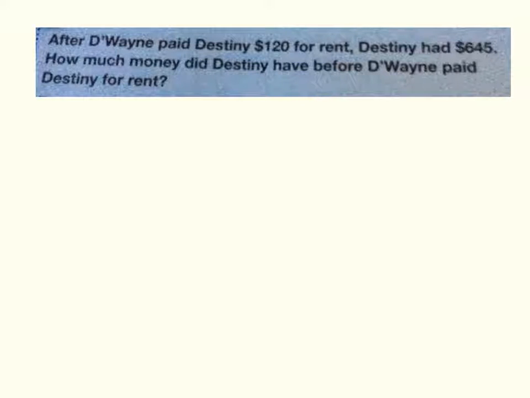We know that he paid Destiny $120. So would that be the sum that she started with? Would that be the sum more that was added? Or would that be the total? Well, hopefully you were thinking enough to say that it was the sum more that was added. So the sum more is $120.